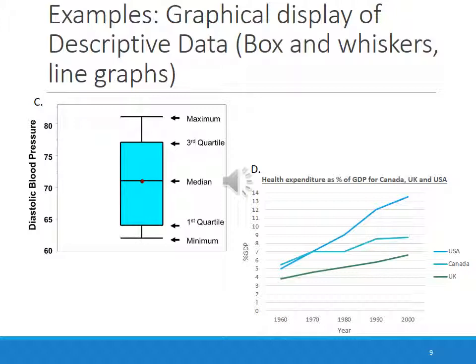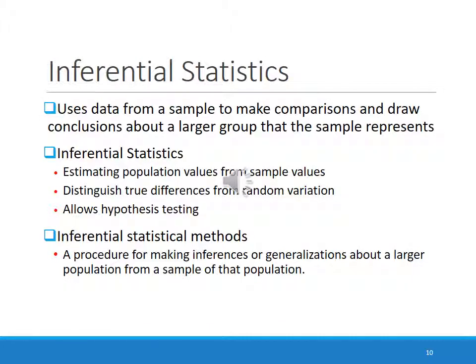The next type of statistical method is inferential statistics. It uses data from a sample to make comparisons and draw conclusions about a larger group that the sample represents. In other terms, it is a procedure for making inferences or generalizations about a larger population from a sample we draw from that population.